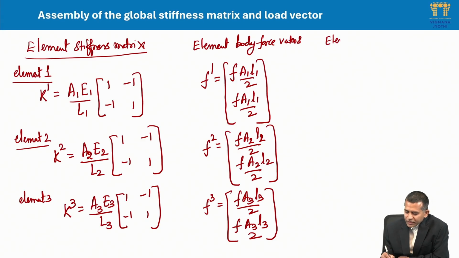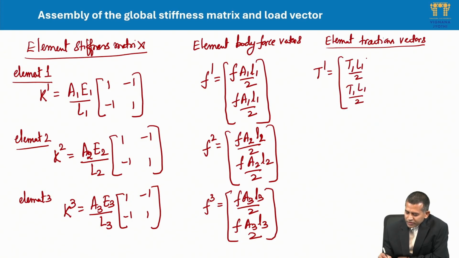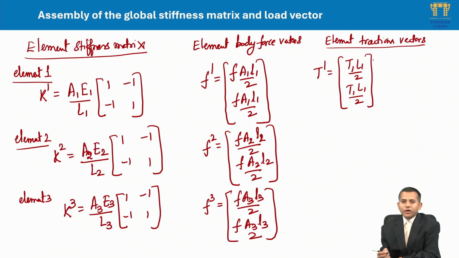Similarly, you can write the element traction vectors, right? We have T1. If you remember, in tractions we have given T1 separately, so we have T1 L1 by 2 and again T1 L1 by 2. Same with tractions: half of the traction goes to node 1 and half to node 2.